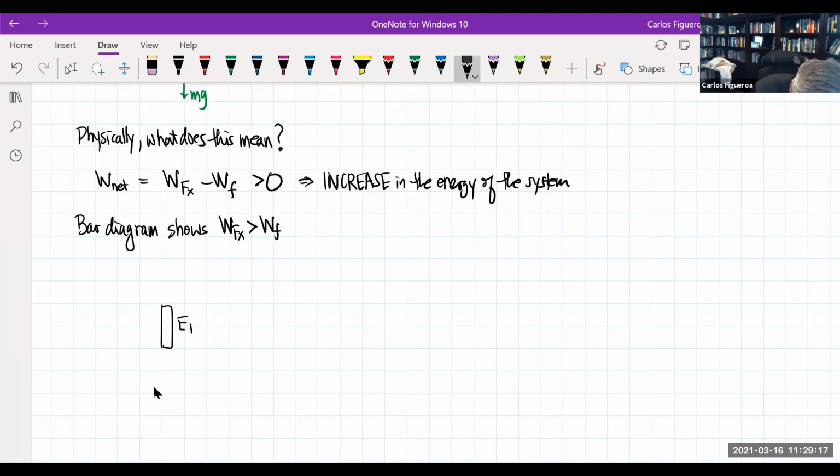This is how much energy I'm starting off with, again an arbitrary value. Now I know that the work done by F of x must be greater, so let's say it is this amount. And when I compare it to the work of friction, the work of friction must be smaller.